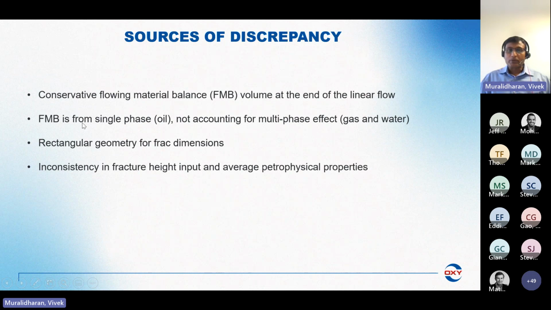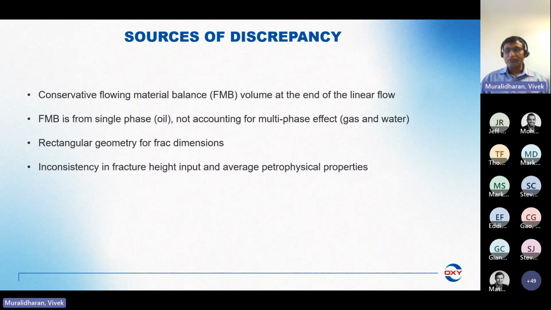The next one is that the flowing material balance volume is calculated based on the single phase, mainly the oil phase, and not accounting for the multi-phase effect. I'll show you in the subsequent slides why that multi-phase effect is a bigger component that you shouldn't be neglecting. And the third thing is the rectangular geometry assumption.